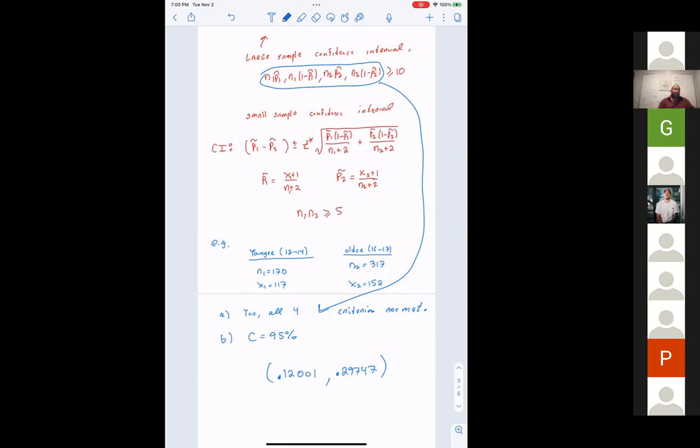So would you then claim that the younger group lies more often than the older group? Does the data support that argument? Yes. Why in particular? What's not in the confidence interval?